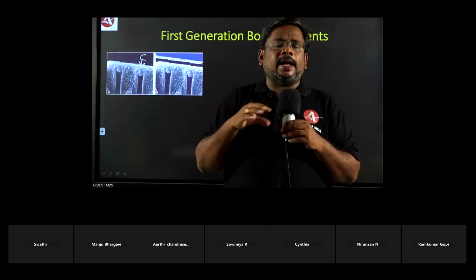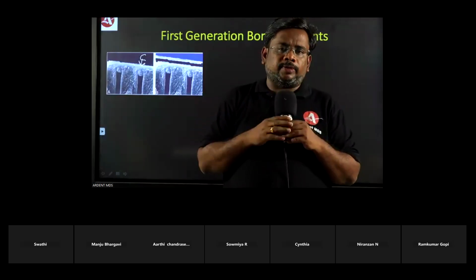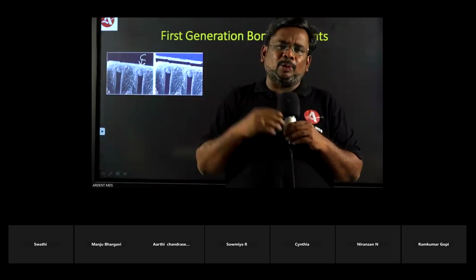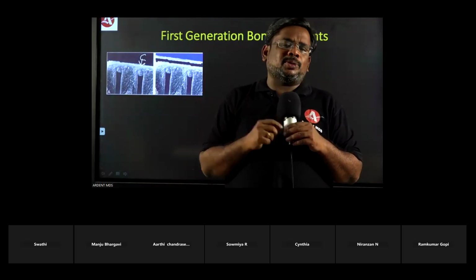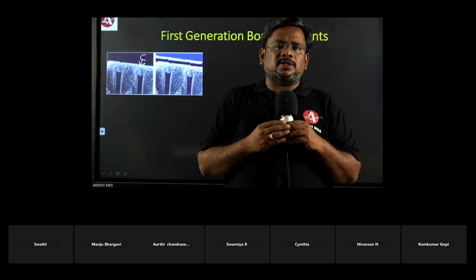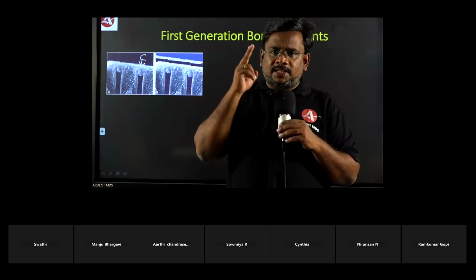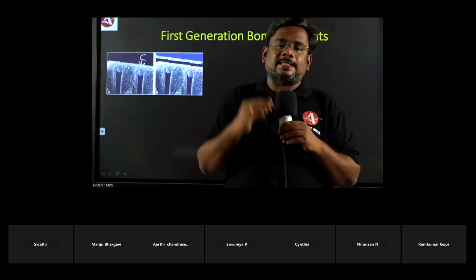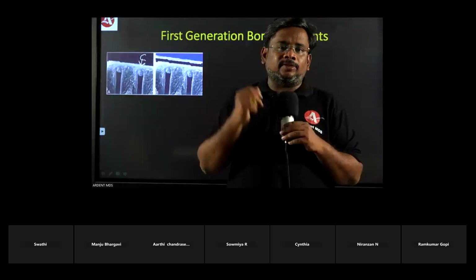They simply added a bonding agent over the tooth surface, but the bonding agent binds to the smear layer only, not to the dentin. So the strength of the first and second generation bonding agents is very, very less; I can say it is even a failure of the bonding agent.